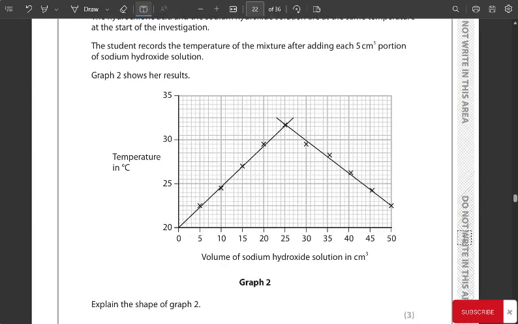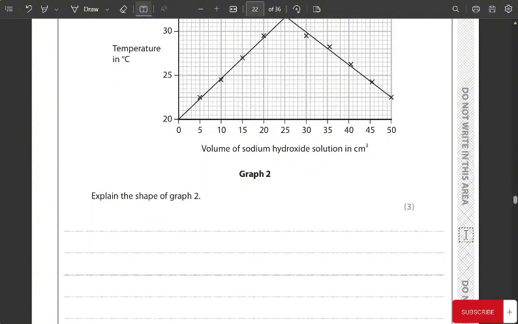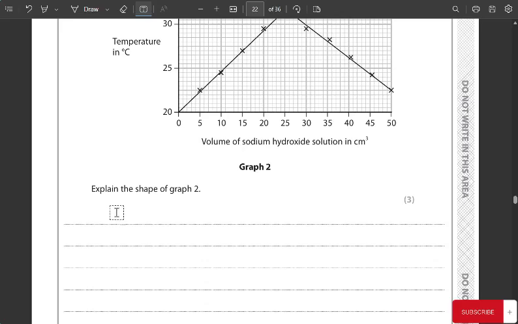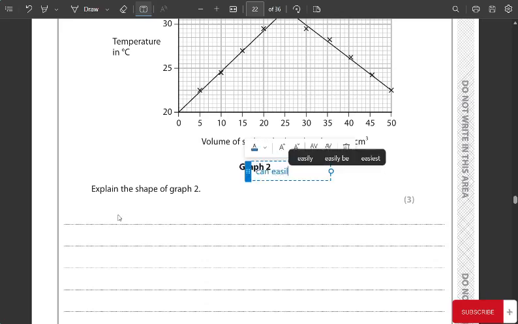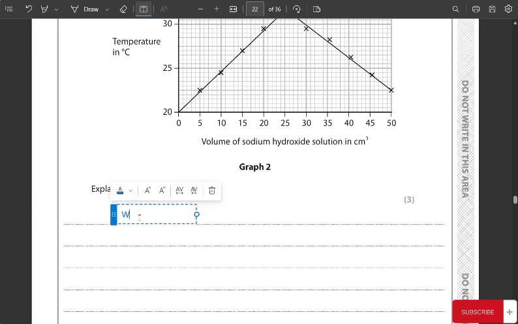Explain the shape of graph 2. By seeing the graph, we can easily know that the reaction is exothermic.